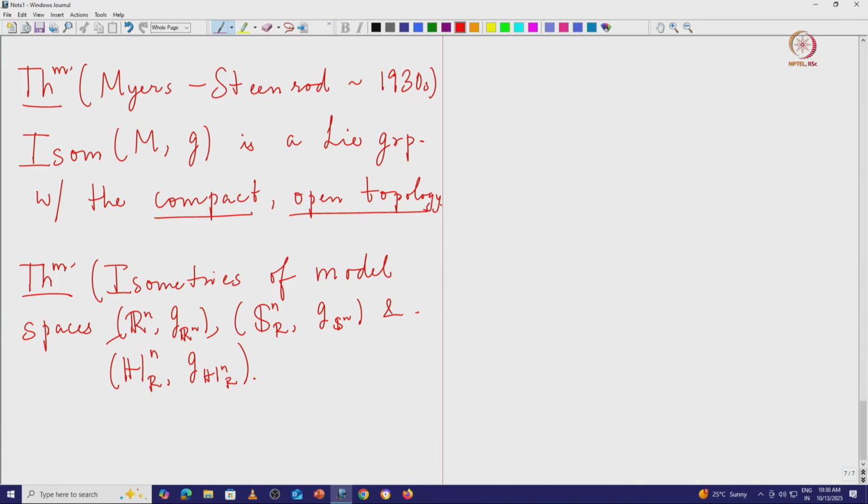For now, we will just call these three examples our model Riemannian manifolds, and part of the reason they are called model is because they have some very nice properties. One of the nice properties will be clear from the statement of this theorem. Okay, so the isometry group of the Euclidean space. So we obviously know some basic isometries of the Euclidean space.